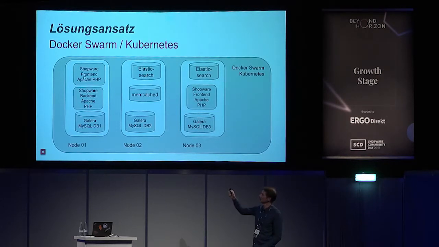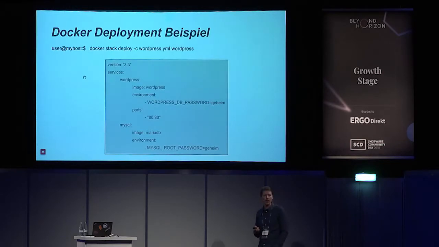But that is managed by the cluster. On the left-hand side, you see the Shopware backend. Let's say for some unknown reason, it dies or the entire node is down. We actually restart it. You don't need to do anything. You just need to configure that.